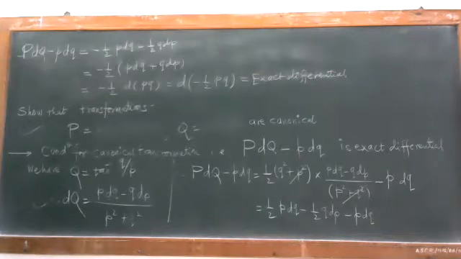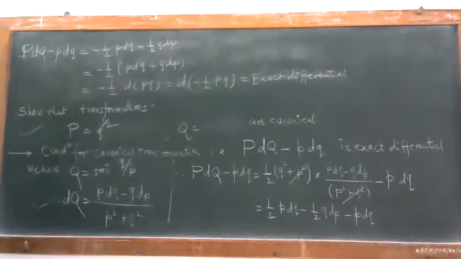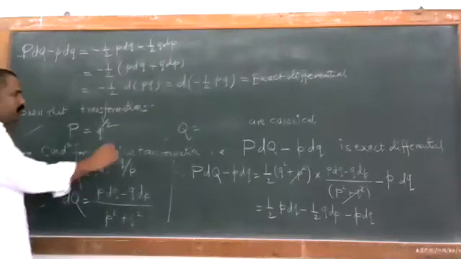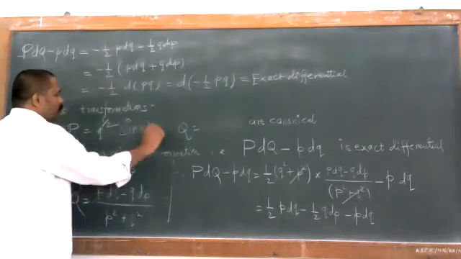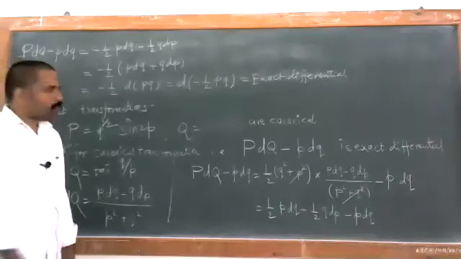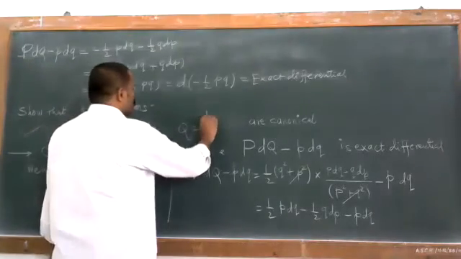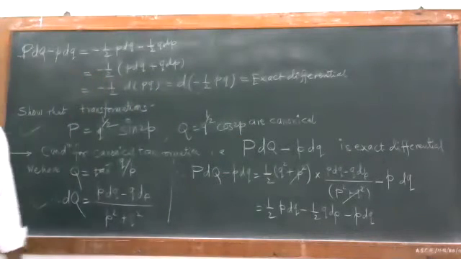Show that the transformation capital P is equal to small q raised to 1/2 into sine of 2p, and capital Q is equal to small q raised to 1/2 and cos of 2p are canonical.